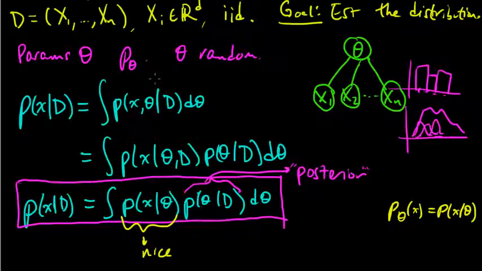I used that notation before, but when we think about theta as random, then we should probably write it this way. We are assuming that we know exactly what the form of this expression is under our model. So that's by assumption a nice expression. This part can be nasty. And once again, this integral can be nasty.